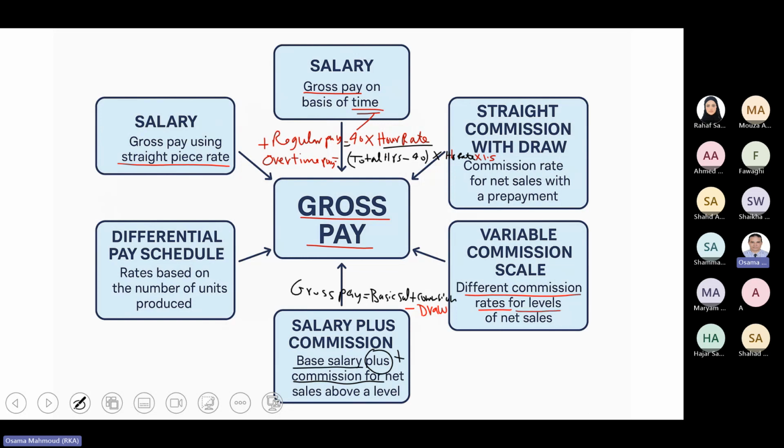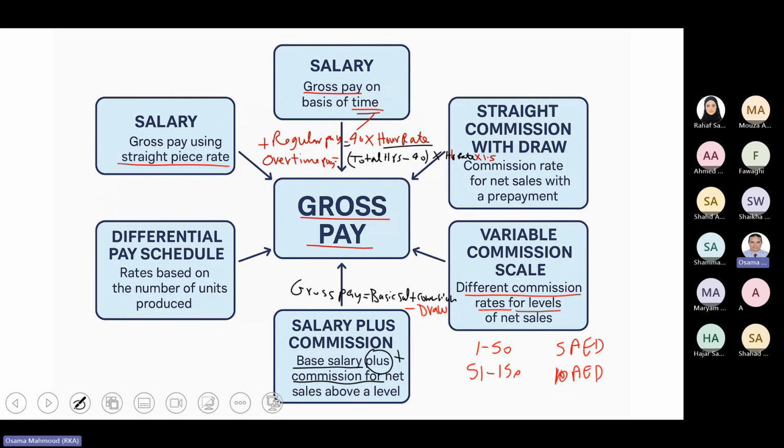It means if you are making a sale, if you sell 50 units, I will give you 5 dirham each, right? But if you sell the second 100, I will give you 10 dirham each, right?